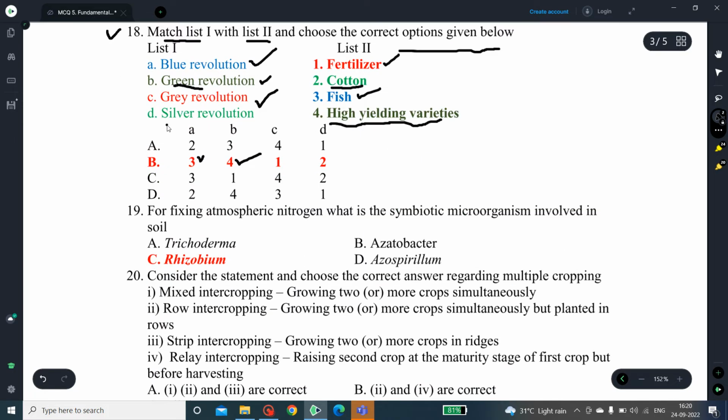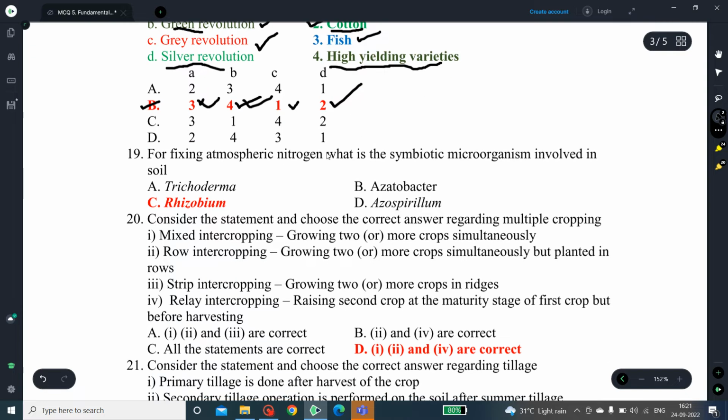And Silver Revolution, now the Silver Revolution is referring to the cotton production. So the option B is the correct answer, that is 3, 4, 1 and 2.